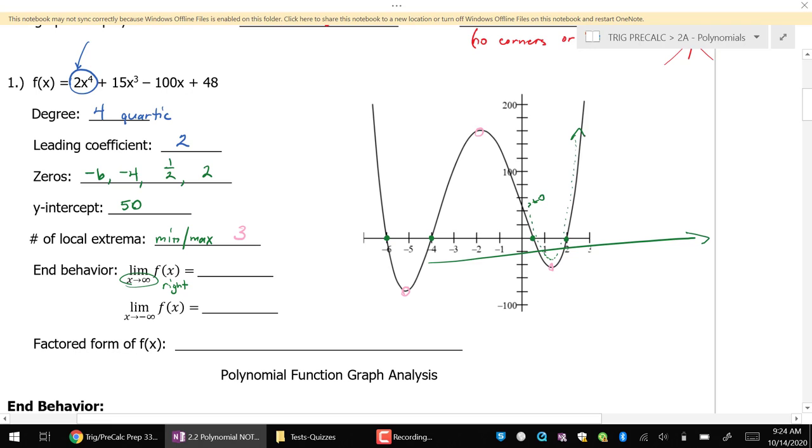Is it increasing or is it decreasing? Well, if you imagine our little stick figure hiker, as he travels always to the right, he's going to be climbing up that right end of the polynomial toward positive infinity. So we would say that the end behavior as x approaches infinity, as we go to the right, is also positive infinity in the y direction. We're traveling up forever to infinity.